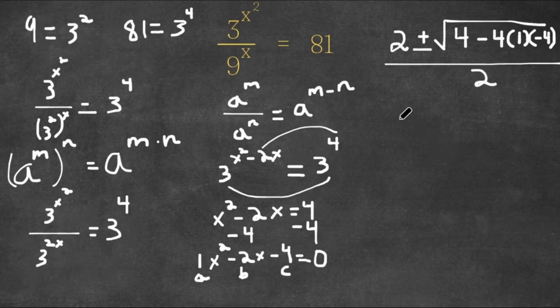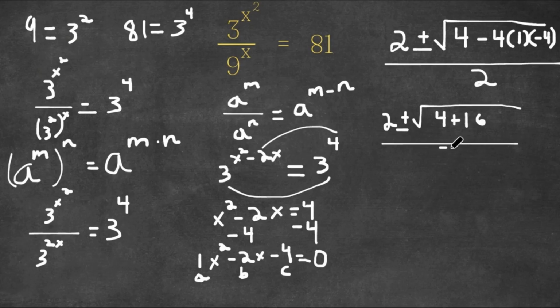Now, we're going to have 2 plus or minus the square root of negative 4 times 1 is negative 4, and negative 4 times negative 4 is positive 16. So we're going to have 4 plus 16. We're still dividing this by 2. 4 plus 16 is 20, so we have 2 plus or minus the square root of 20, over 2.